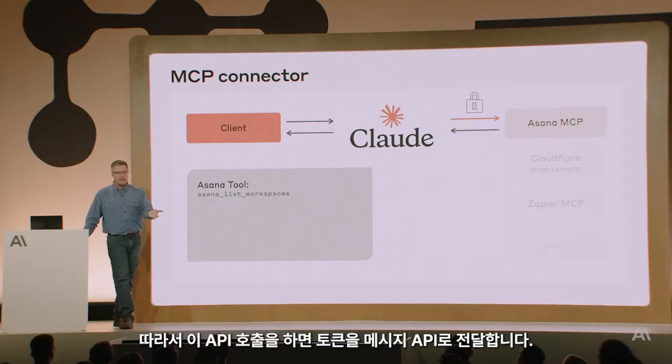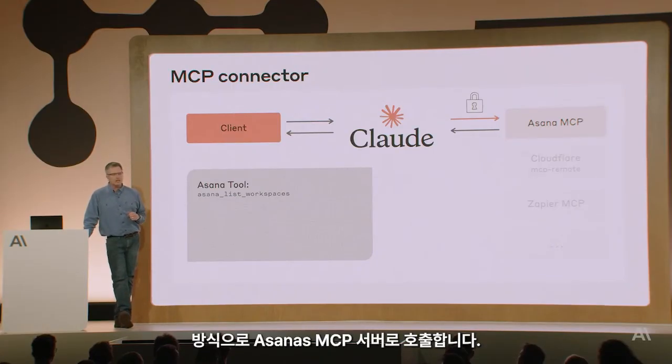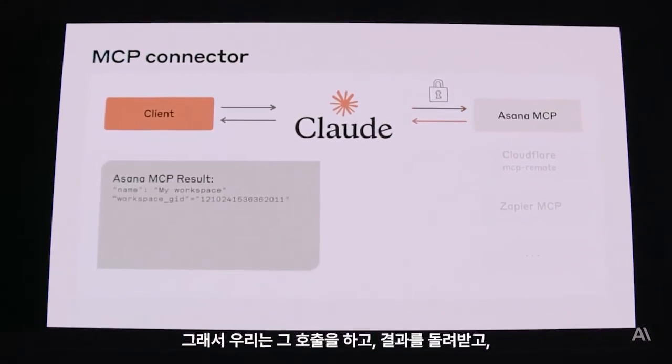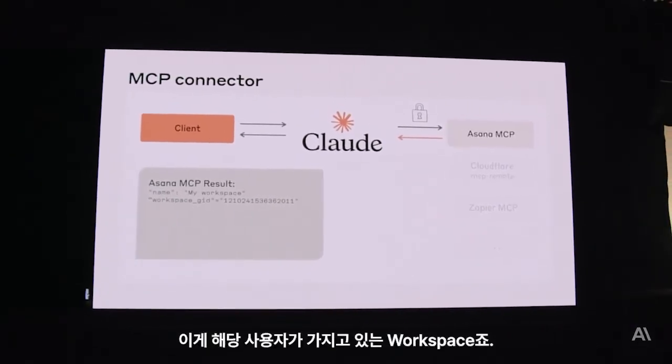When you make this API call, you pass an OAuth token into the Messages API. We exchange that OAuth token for an access token and then make the call to Asana's MCP server in a secure way. So we do that call, we get the results back.